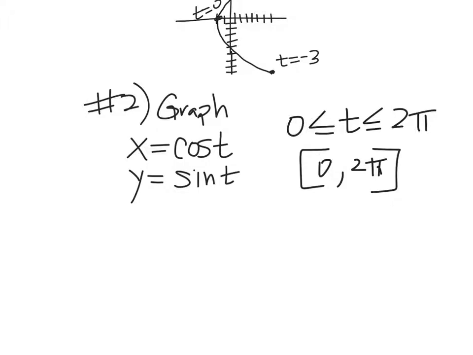And then window is now going to be 0 to 2 pi. And then I hit graph. Super tiny. You can zoom in on that if you want to. It looks like an ellipse because of my rectangular window. If I hit zoom square, that'll look a little bit better.